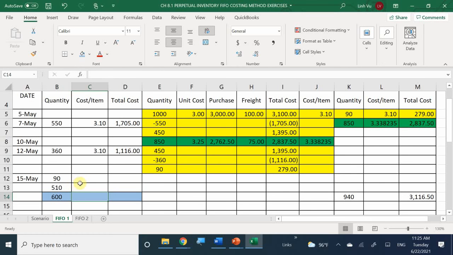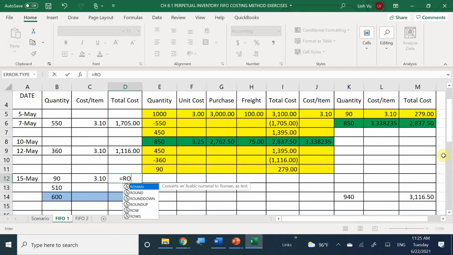Here, my first batch of 90: how much is my cost per item for my yellow batch? $3.10, giving me a grand total of $279.